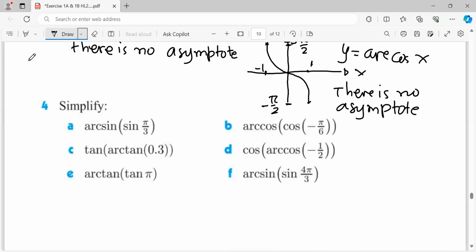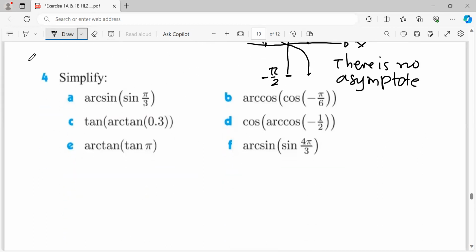I'm going to scroll down. Simplify arc sine. Okay, right. For a, arc sine of sine pi third equals arc sine.